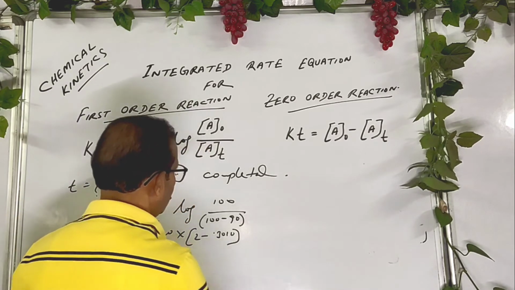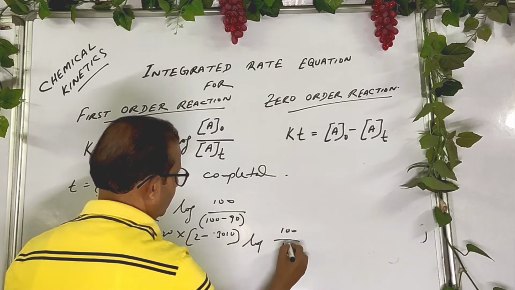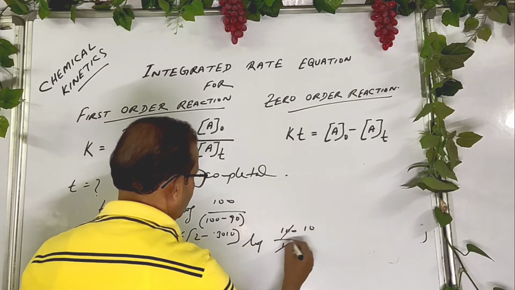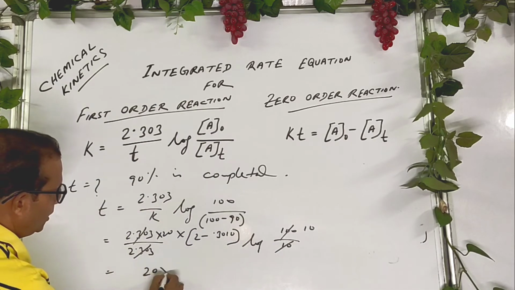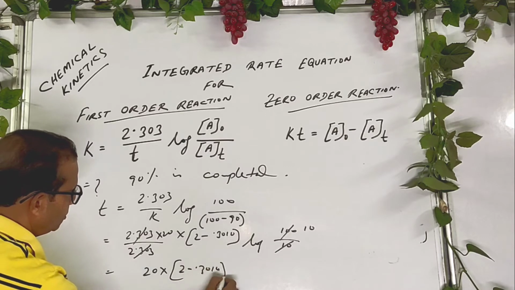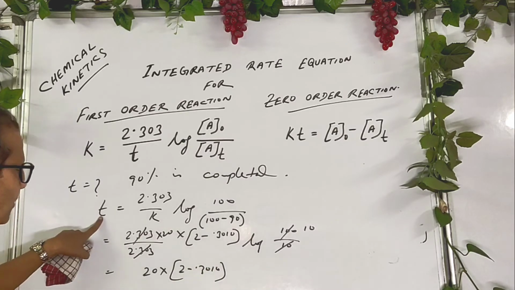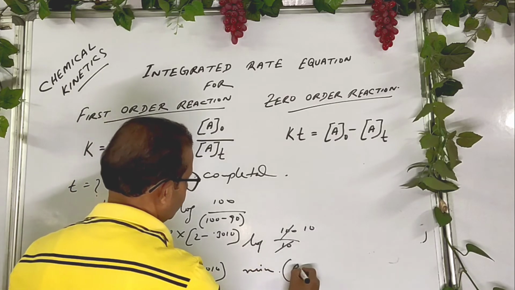And how to calculate the log? Log 100 by 10, that is log 10. And you know that log 10 is 1, so cancel it. So 20 into, just subtract 2 minus 0.3010 and you get the answer. As time is asked, so obviously this is in minutes. That's the answer.